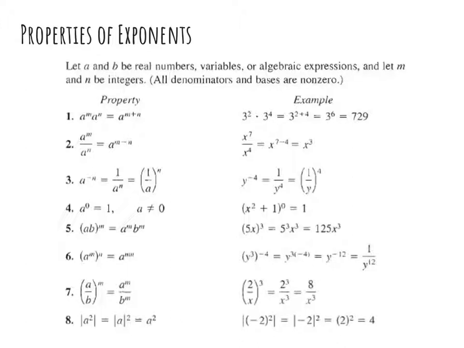For any non-zero base a that is raised to the 0 power, that is always going to be equal to 1. For number 5, we have ab to the m power, and that is going to be the same as having a to the m power times b to the m power.